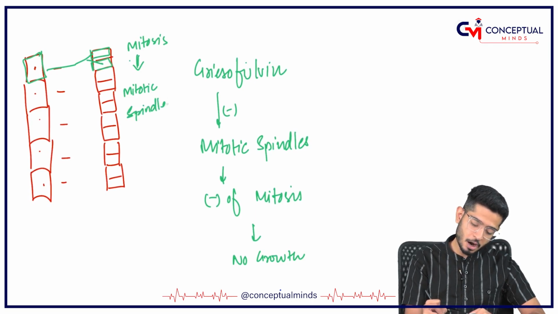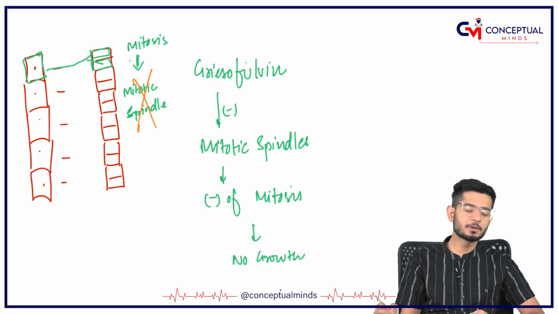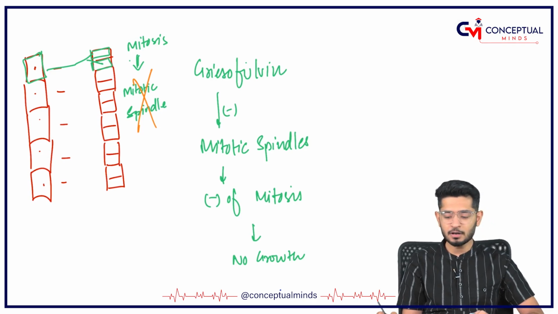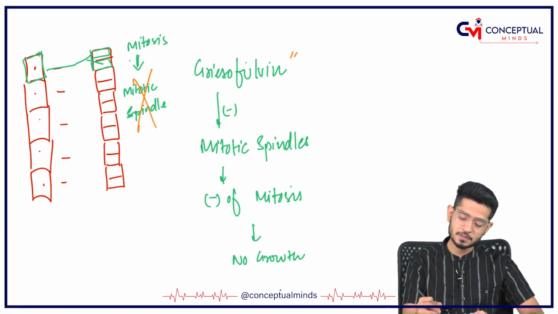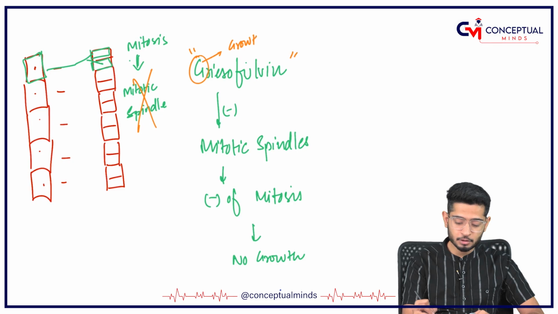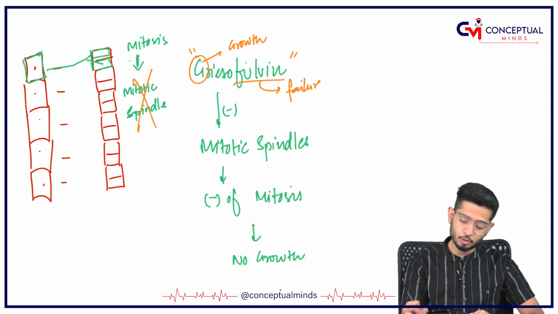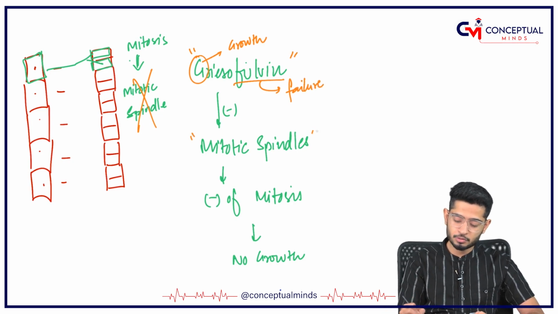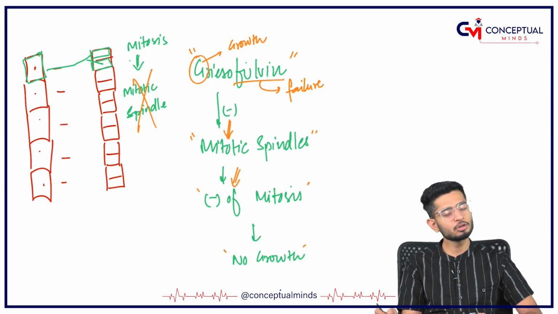So if somehow we stop the mitotic spindles, the fungus will not be able to grow. That's why there is a drug which is called griseofulvin, G for griseo, G for growth inhibitor. Griseo means growth, fulvin means failure. So it leads to growth failure. Why? Because you are going to inhibit the mitotic spindles. So it leads to inhibition of mitosis. That means there will be no growth.